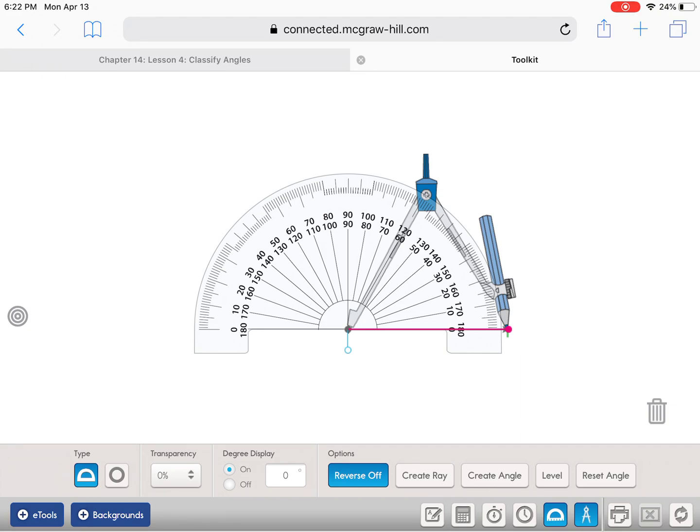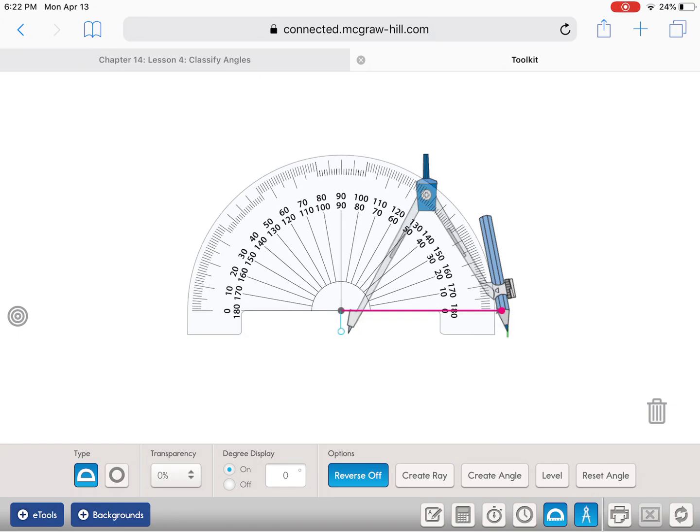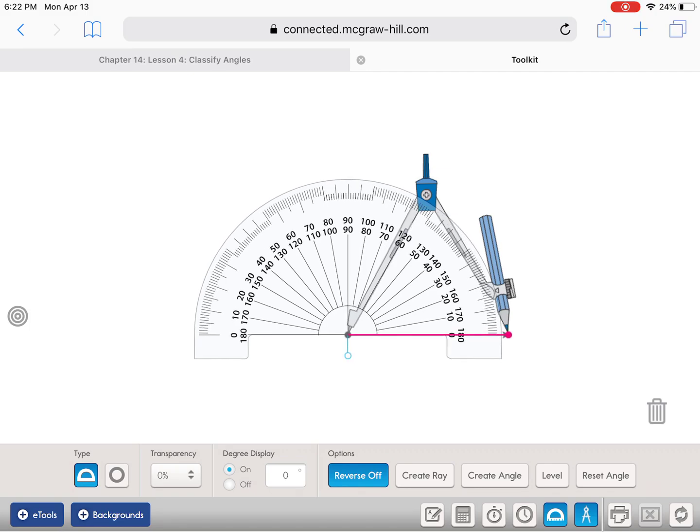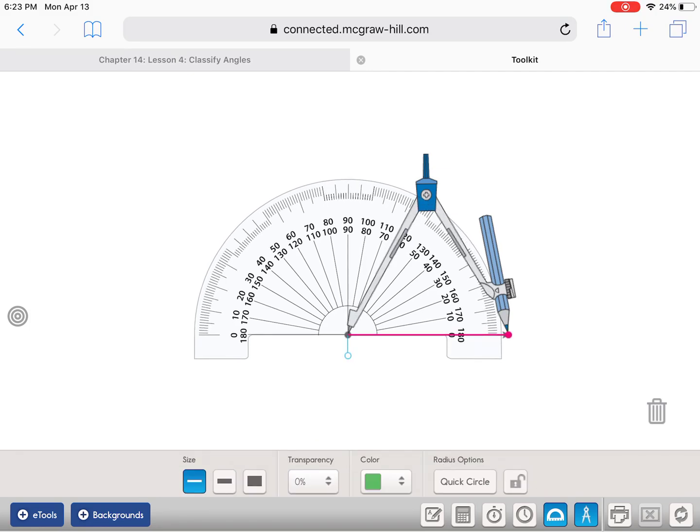Each and every time I turn that little pencil above it, that tells you that it's making a 1-degree turn.